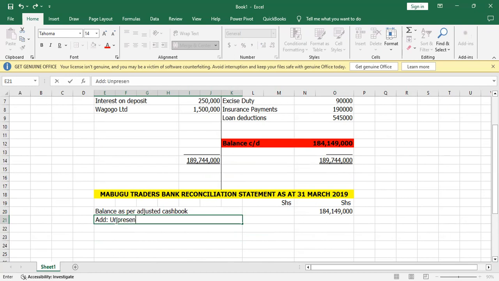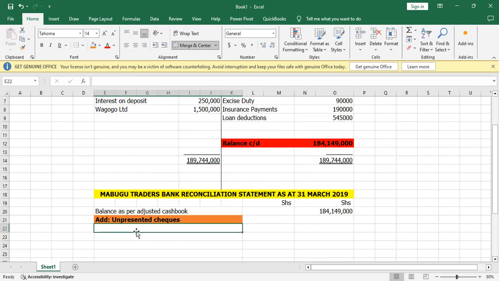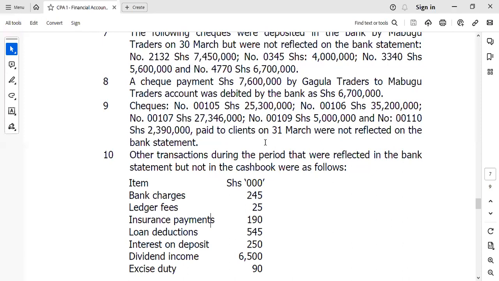Don't forget to check my previous video where all this was explained, the format we use when preparing the bank reconciliation statement. So I have to add the unpresented checks. When you go back to the question, you'll see on note 9 that payments were made to the clients.